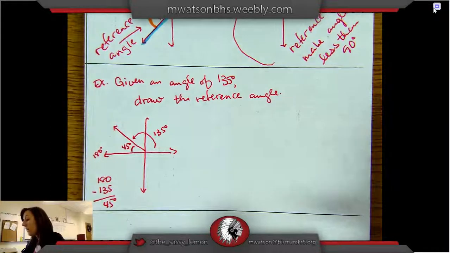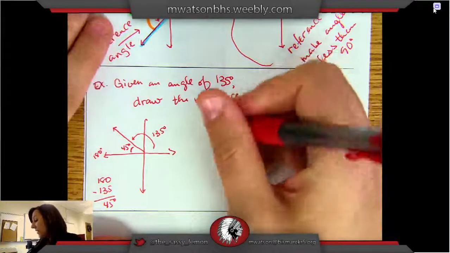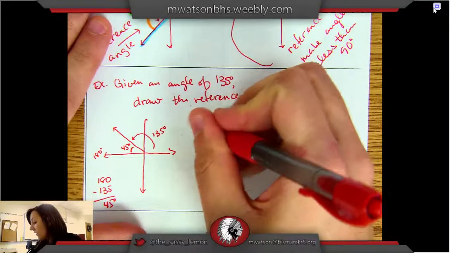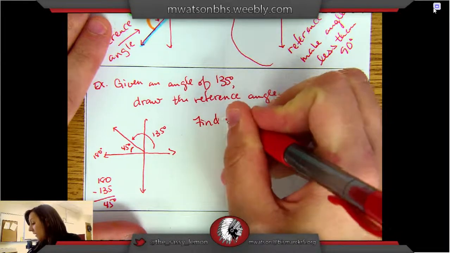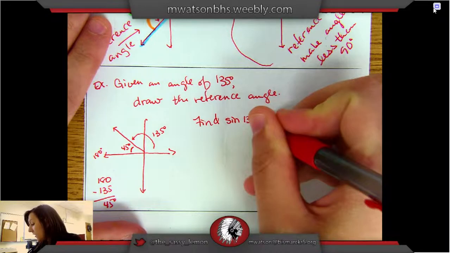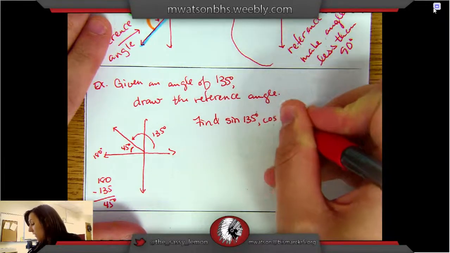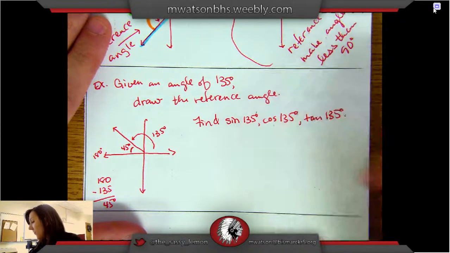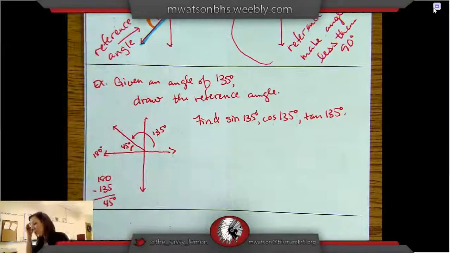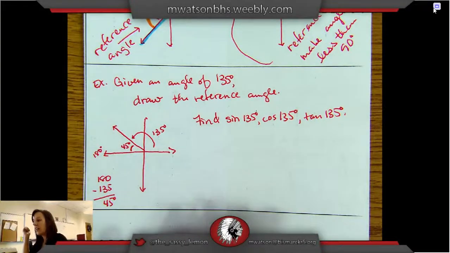Now that we know how big it is, we can find sine of 135, cosine of 135, and tangent of 135. Here's how we do that.